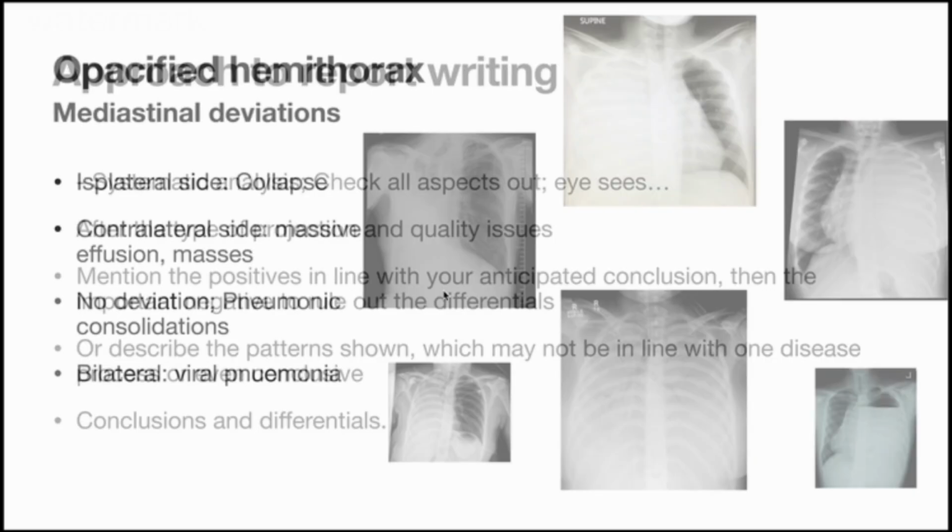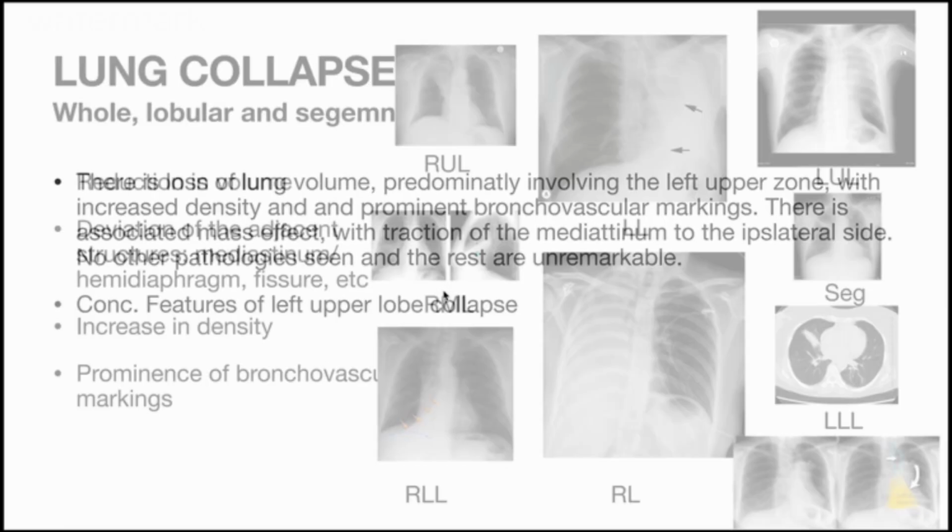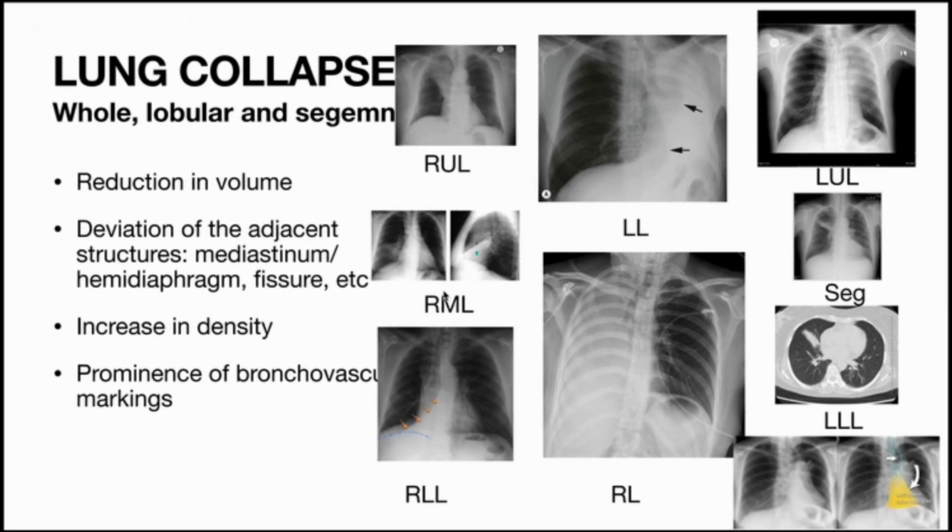For example, systematically you look at the chest wall, which has the soft tissues and also the bony structures. Are there any fractures? Then you quickly look at the pleura, then the hemidiaphragm, and then the mediastinum. But when you're making the report, usually we want to start with what is most positive.